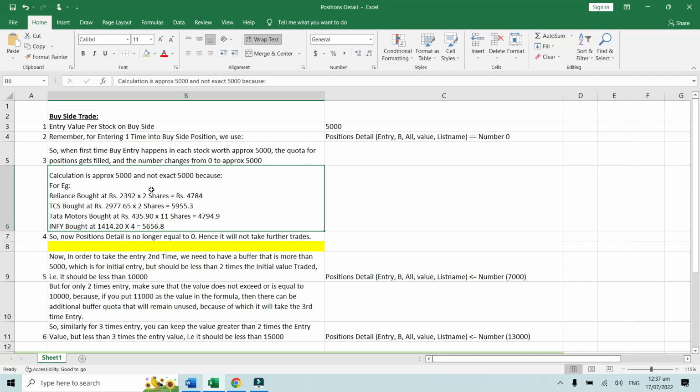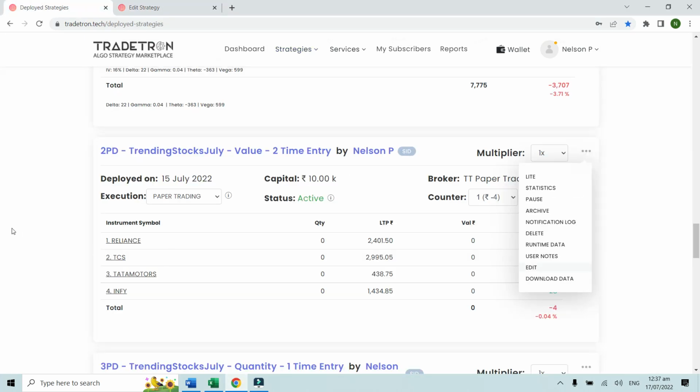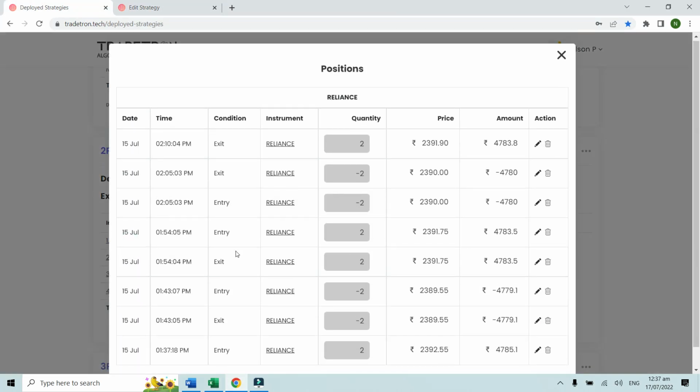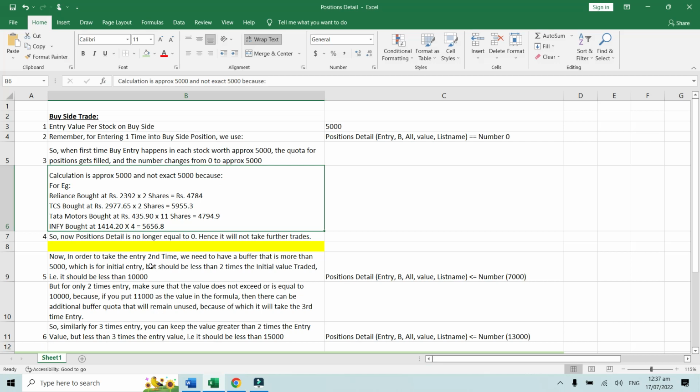All right, I'll give you an example. In this particular trade in this strategy, Reliance got traded; the initial entry was at 2392.55 and 2 shares have been bought, right? Because we have mentioned the value as 5,000, 2392 into 2 shares comes to a value of 4,784.